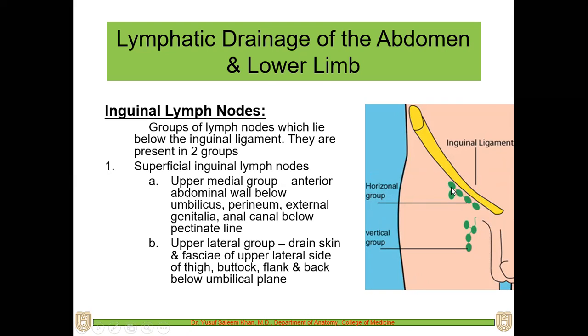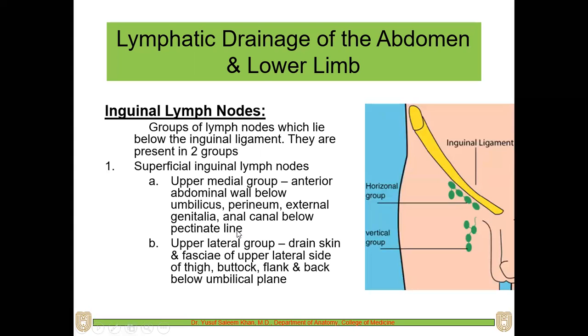So among the upper, they will again be divided into medial and lateral. Medial toward the center. These are the medial and these are the lateral. So this is the upper medial group. This group will be draining the anterior abdominal wall, including the umbilicus, below the umbilicus, and all the parts near the umbilicus and below the umbilicus, then the perineum, then the external genitalia, the anal canal below the pectinate line.